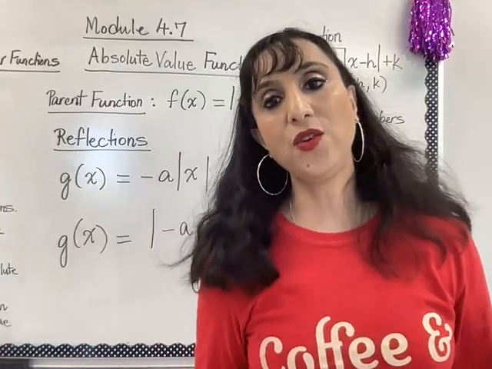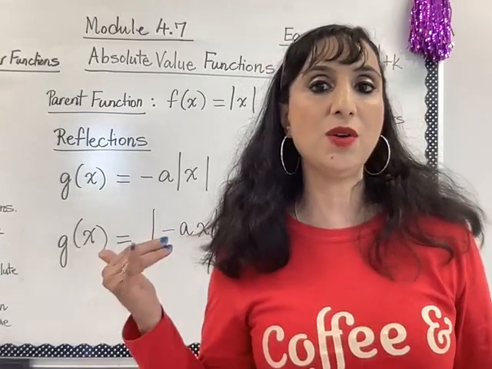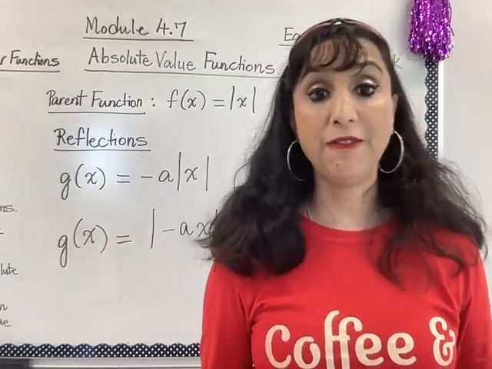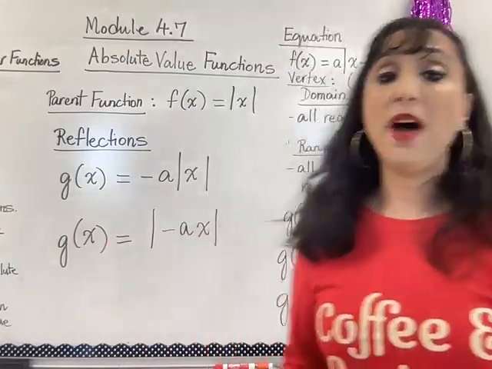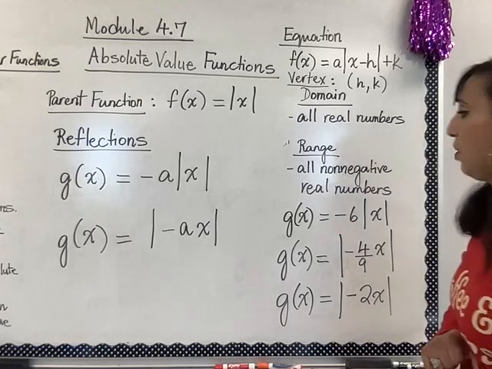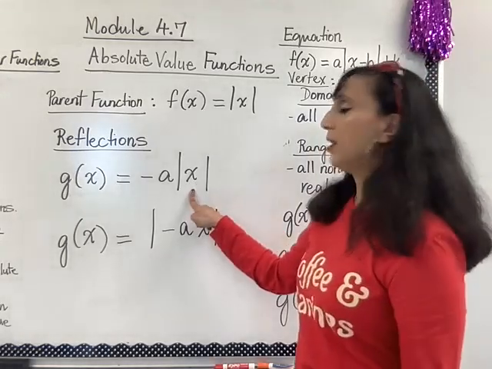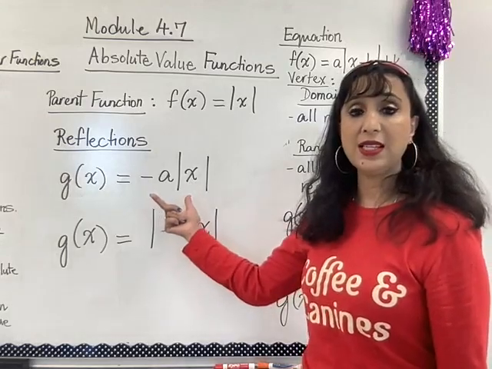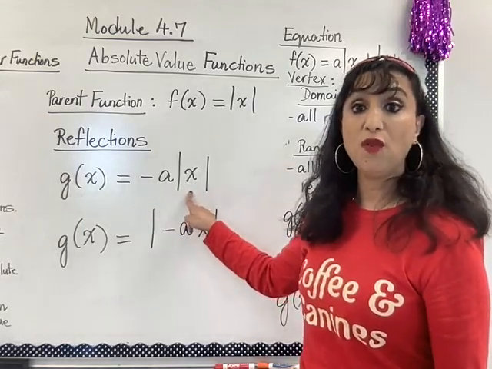So now we're getting into reflections, and let's do a quick recap of reflections. If I have g of x is equal to negative a times the absolute value of x, as we had talked about, if it's written like this, my x is going to go over the x-axis.